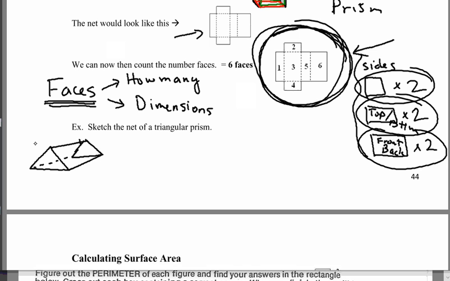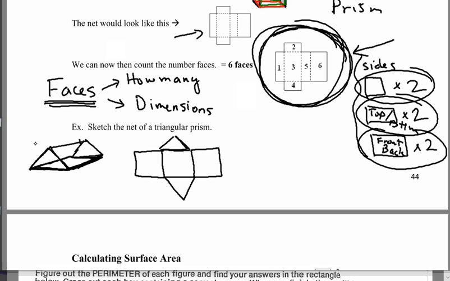If you unfolded it, you would have a triangle that's attached to a rectangle. So that could be this front triangle and then the bottom rectangle are attached. Well, this bottom rectangle is going to have a rectangle on either side of it, and opposite it, another triangle.